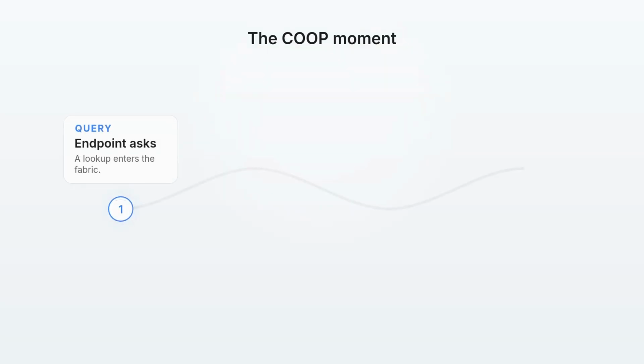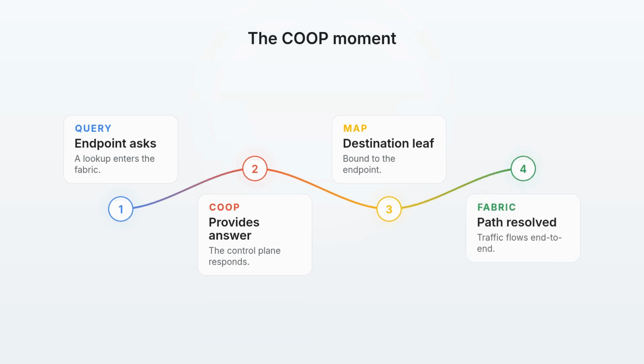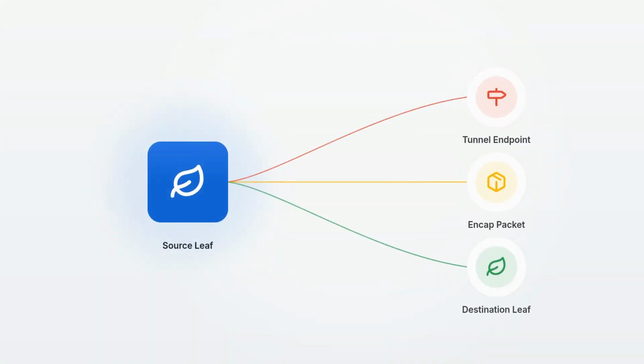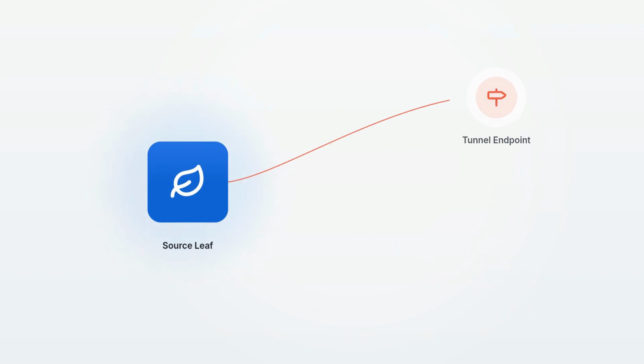Which leaf currently owns that destination endpoint? That is the COOP moment. COOP provides the answer about the destination leaf associated with that endpoint inside the fabric. Once the source leaf knows the destination leaf, it can encapsulate the packet toward the correct tunnel endpoint.